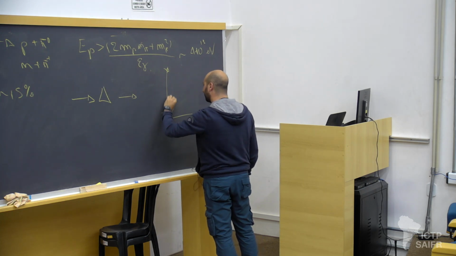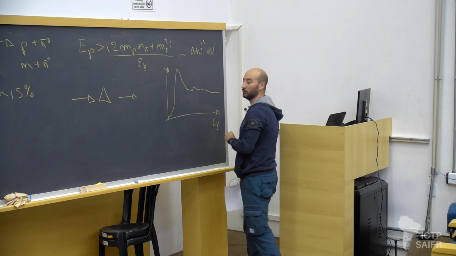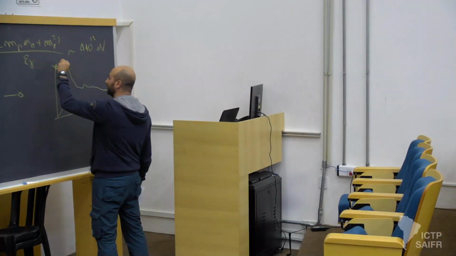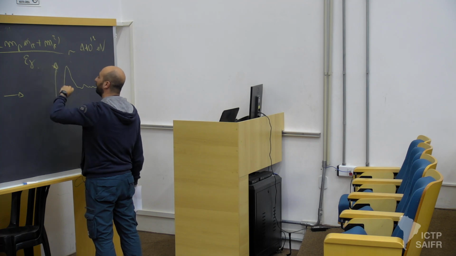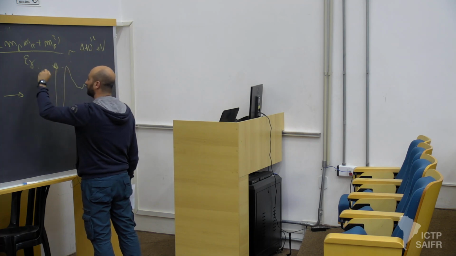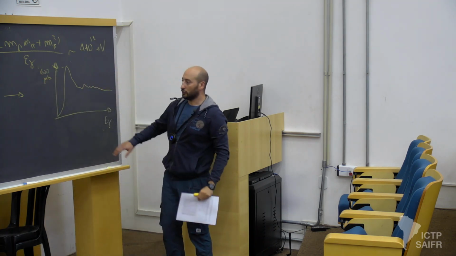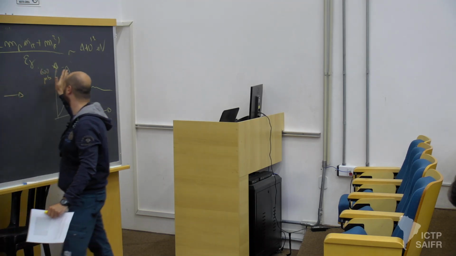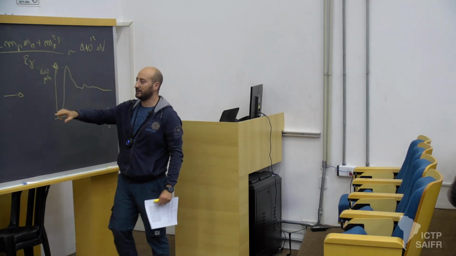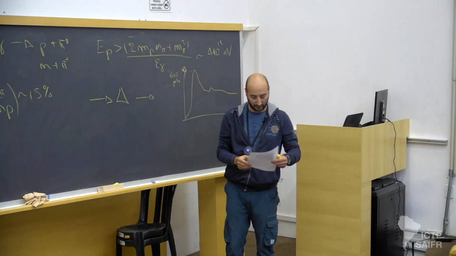This goes from 0 to a peak, and then there are some bumps and a plateau at the end. And this peak is a little bit below 0.1 millibarn. This is of the order of, I think, 600, 700 microbarn. So you see, despite the fact that this is an electromagnetic interaction, it can become quite sizable, and in particular has a significant inelasticity. Okay?